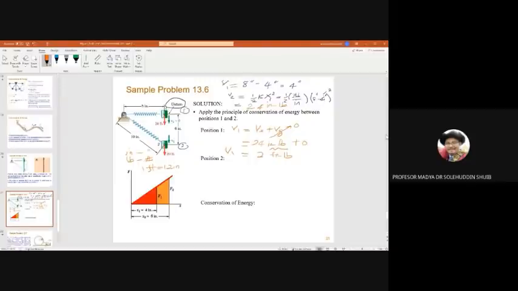How about T1? What is the value of T1? If you look at this location, we have here V1, right? If V1 equal to 0, what will be T1?